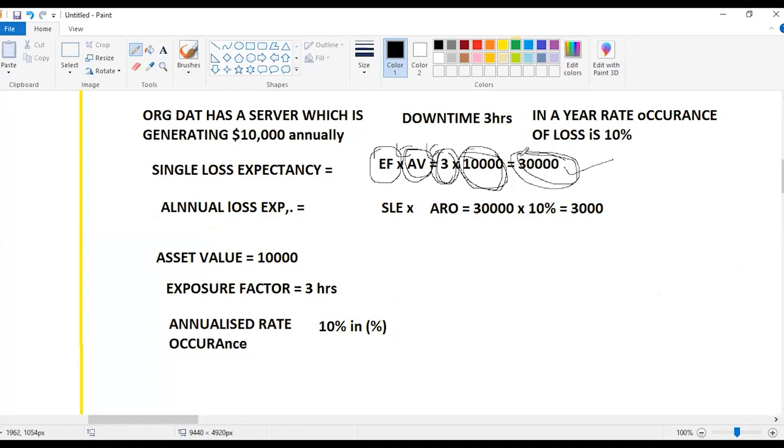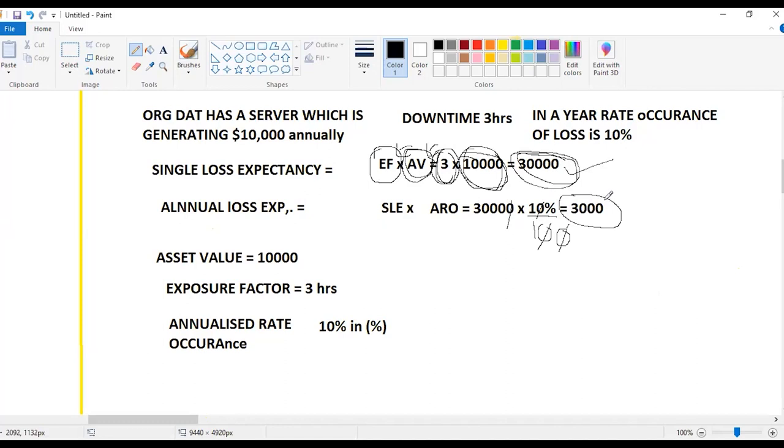The single loss expectancy is $30,000 multiplied by the ARO, 10,000 written as a percentage. Strike one zero out here, so in 30,000 there remain three zeros. That's how we get $3,000.